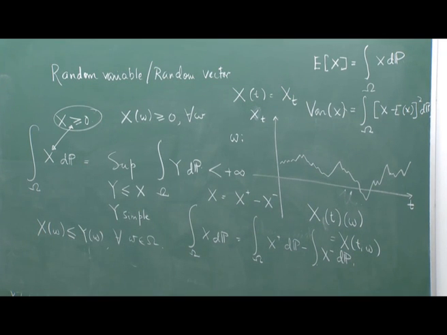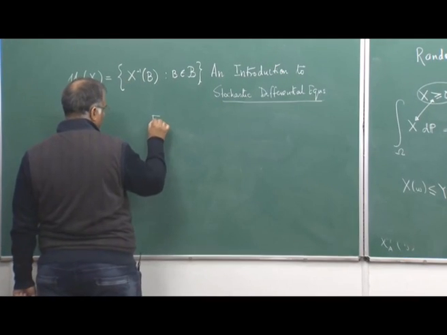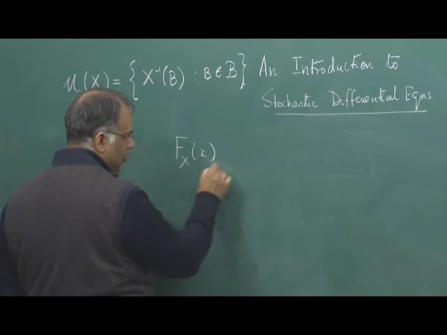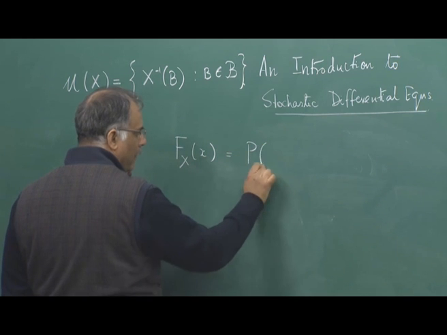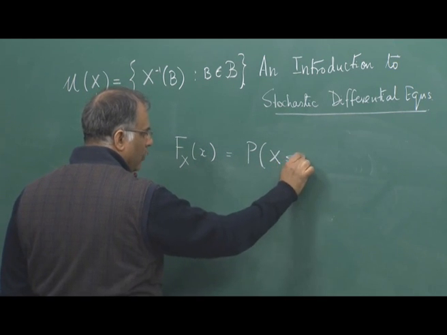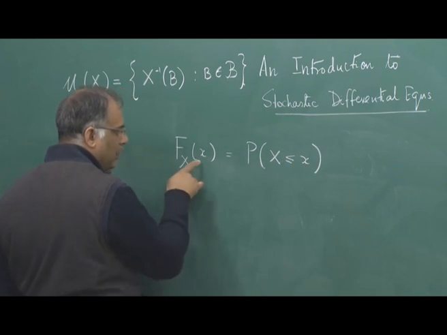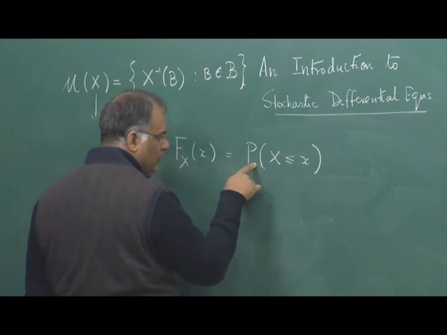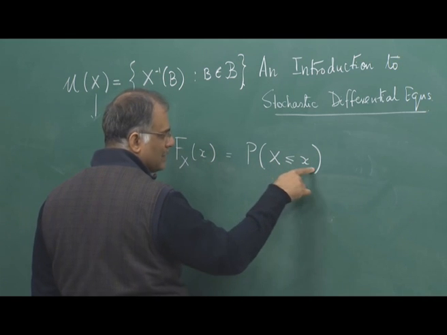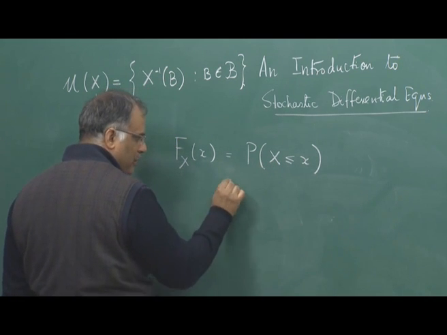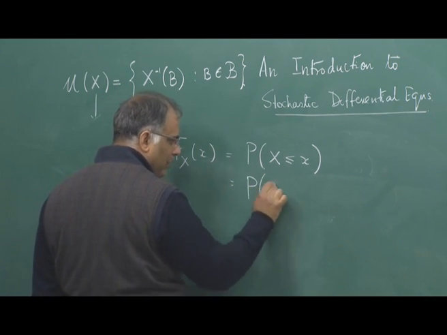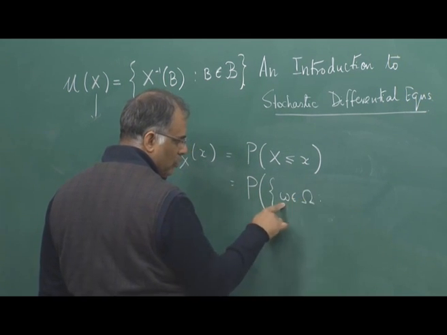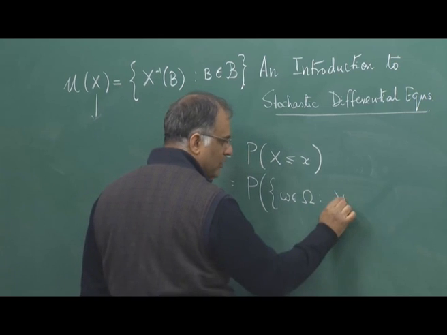So, given a random variable, the distribution function is a real valued function which calculates the probability that, once you want to evaluate F of capital X at small x, X is less than or equal to small x. This means calculating the probability of the event, the set of all small omega in capital Omega such that X of omega is less than or equal to x.